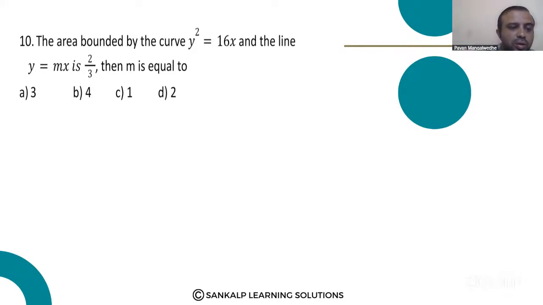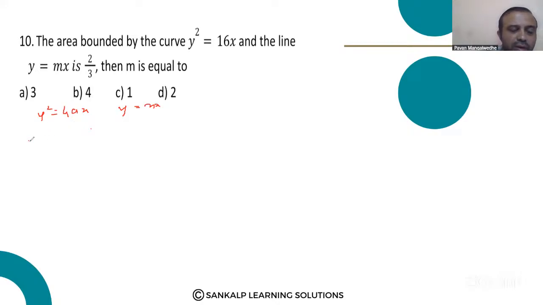So all of you know that the area bounded by the standard parabola, of the form y square is equal to 4ax, and the line passing through the vertex of the parabola, y is equal to mx. You know this.